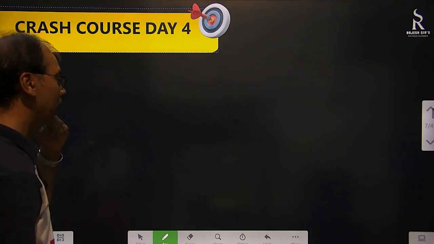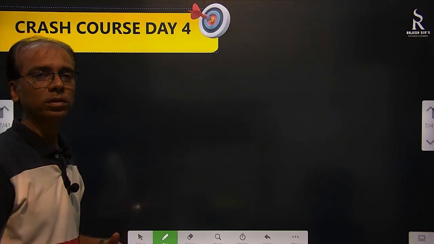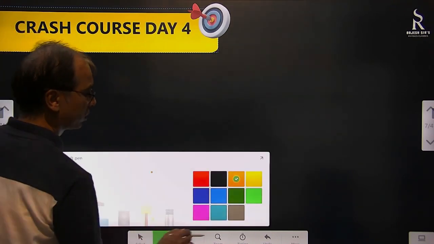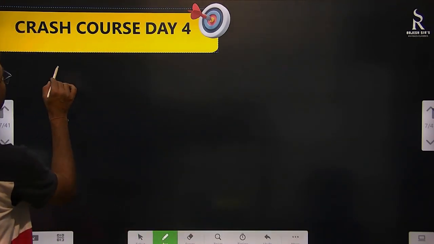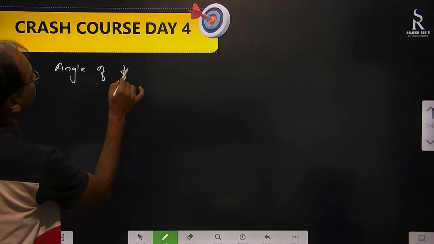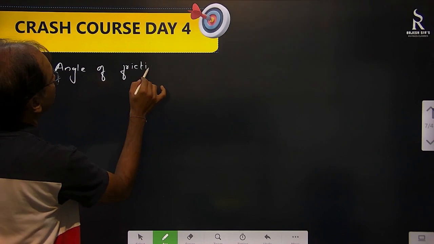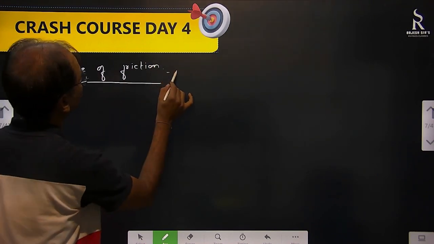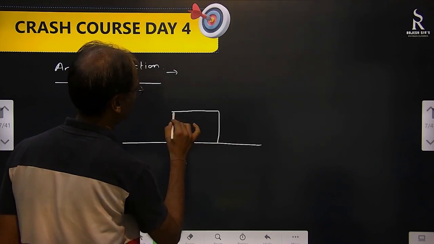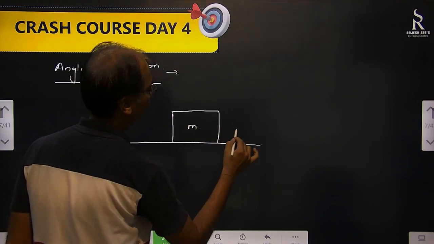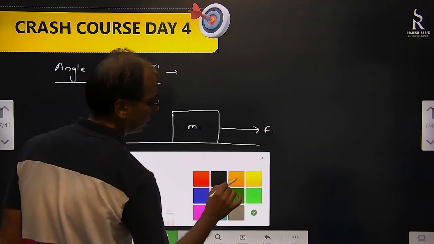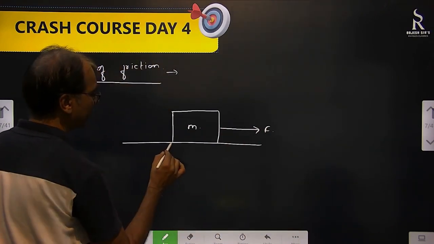There are certain more values that we should remember, more theory about that. What is that? Angle of friction. What is angle of friction? If this is the block, you applied force like this. So we know that force of friction will be acting the back.